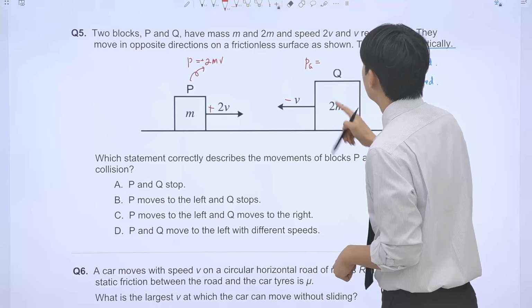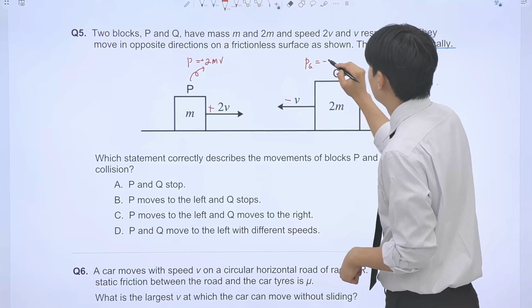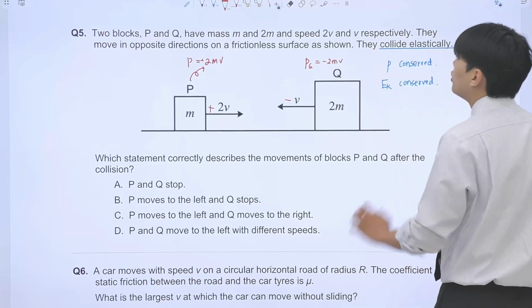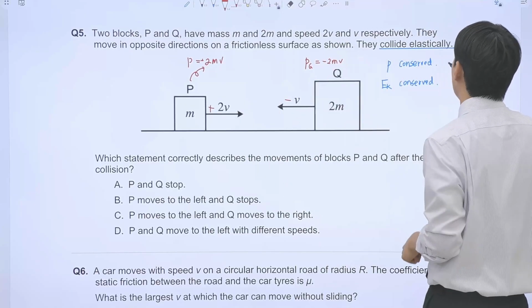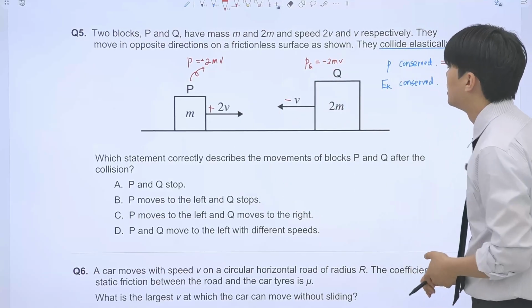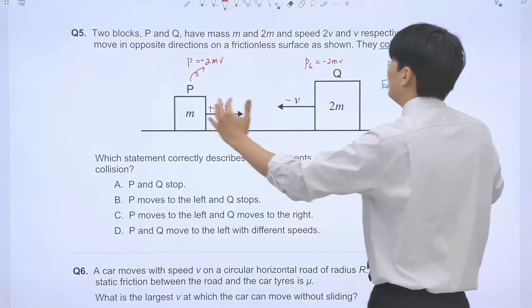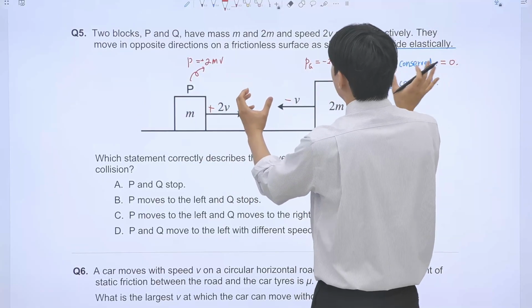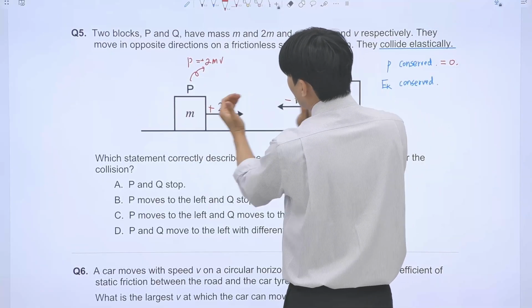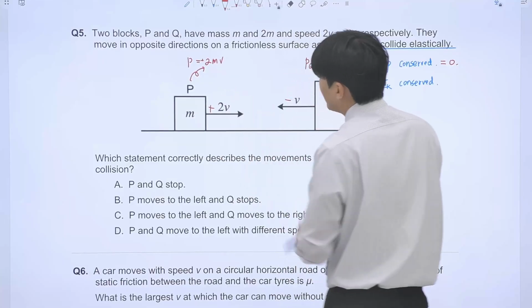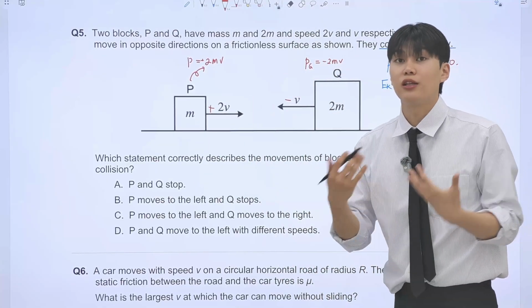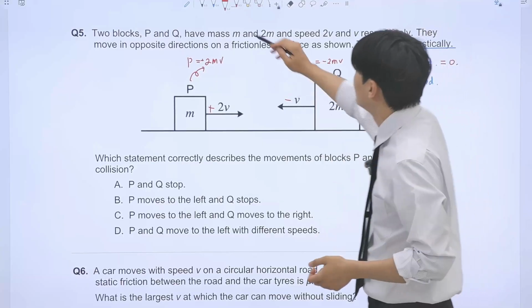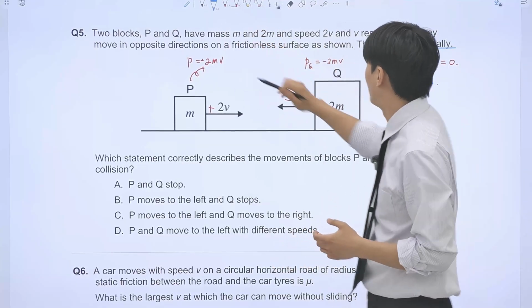Its momentum is mass times velocity, but with a minus sign. So the total momentum of the system has to be 0, because that one plus that one is 0. One possibility is that if they collide and the momentum is 0, they stop instantly. That's one option, right? It can be other situations, but it cannot be in that situation because of this one here.